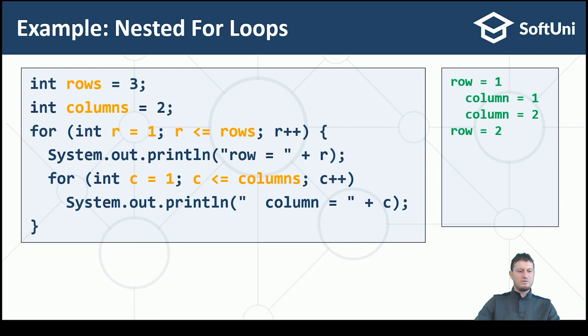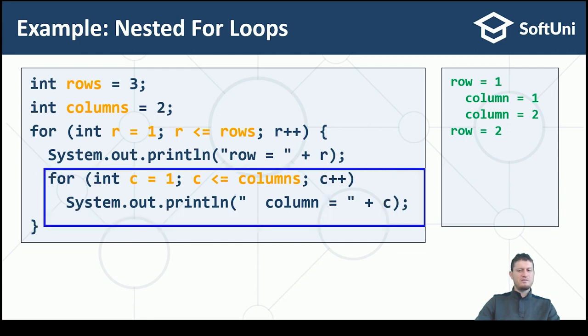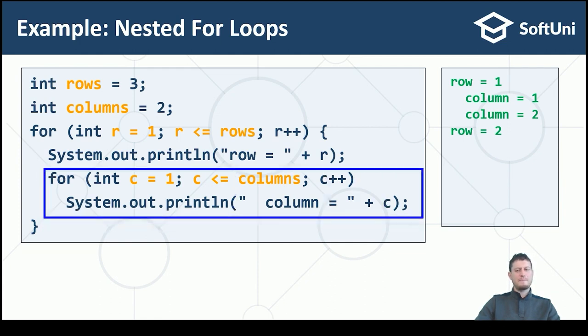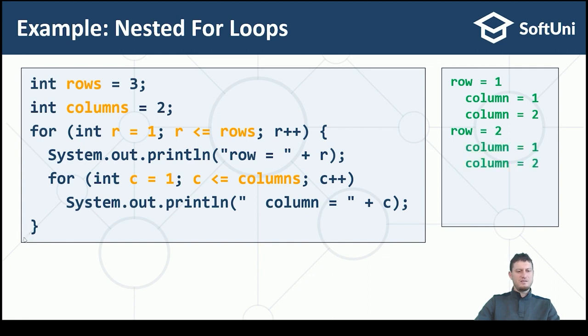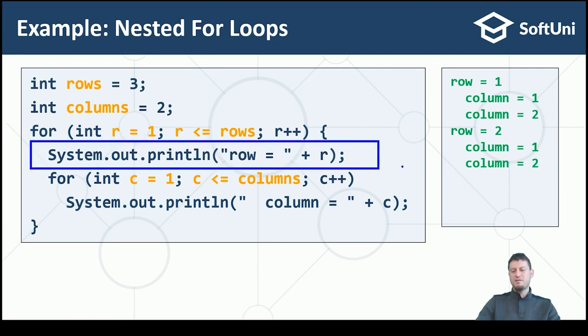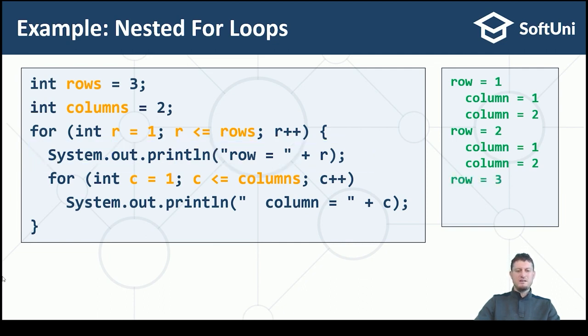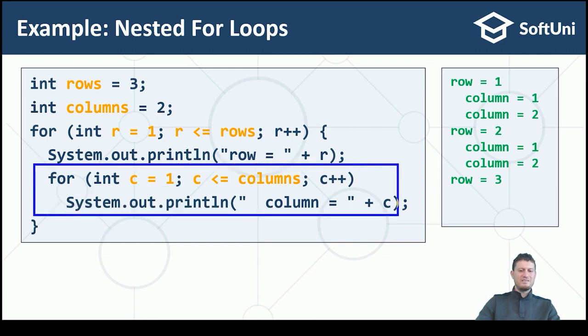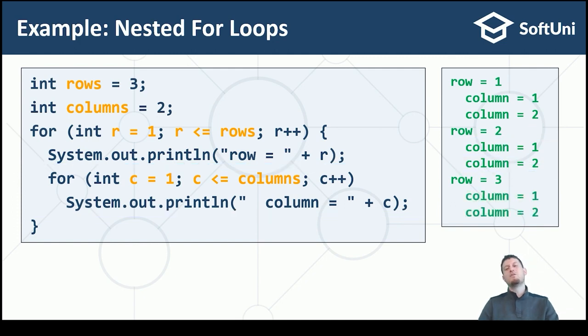In the second row, we need to print the columns 1 and 2. They will be printed. At the next iteration, the next row number 3 will be printed, and inside it, this loop will print column 1 and column 2. So this is how this works.